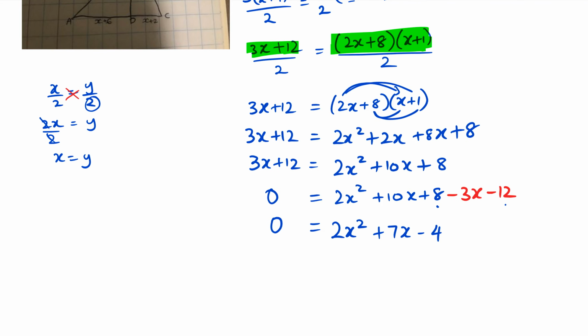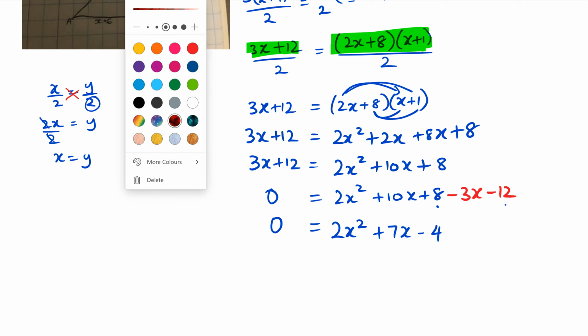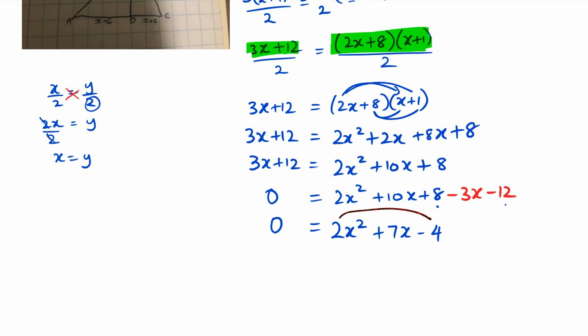So what we have is a quadratic with a leading coefficient greater than 1. I'm going to do 2 times negative 4, which equals negative 8. So I'm looking for two numbers that multiply to negative 8 and add up to positive 7. Just remember that this positive 7 is from here. The two numbers are positive 8 and negative 1, since 8 plus negative 1 equals positive 7.